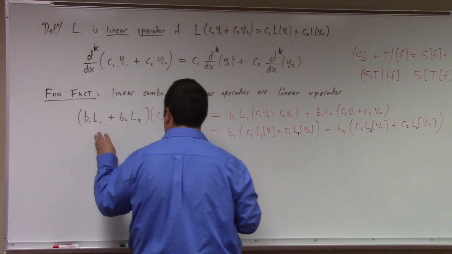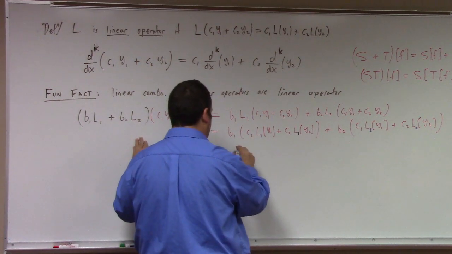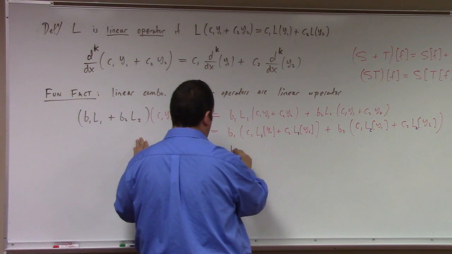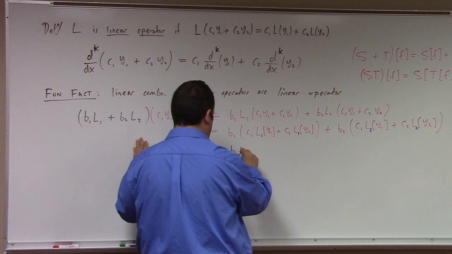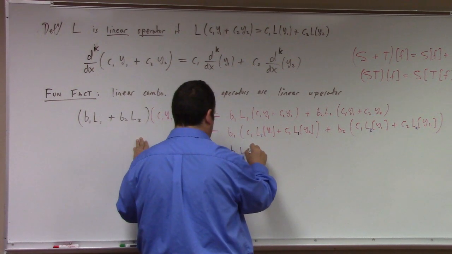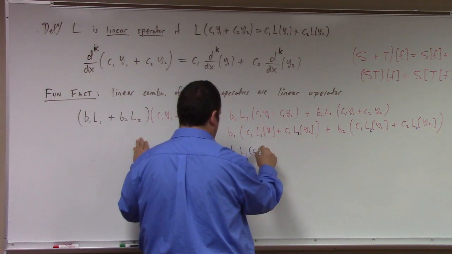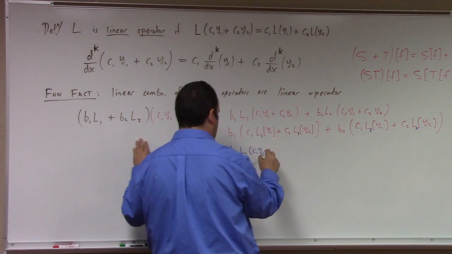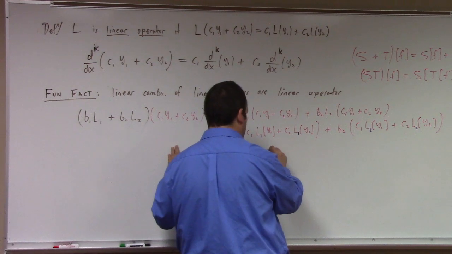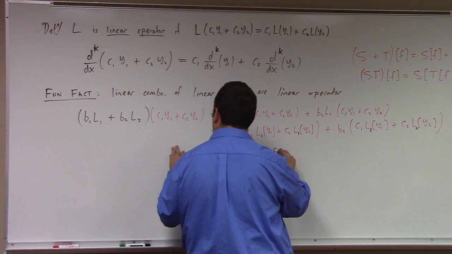So let's see here. I have B1, L1 of C1, Y1 plus C2.